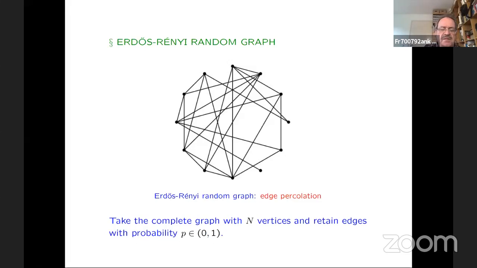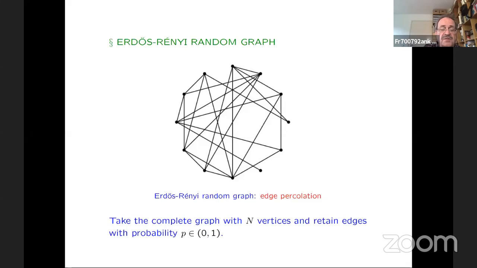You start with a complete graph, and for every edge you decide to keep it with probability p or to remove it with probability 1 minus p, where p is some fixed number between 0 and 1. So you're basically doing edge percolation on the complete graph, and now you have diluted your graph. What we're going to ask is, what happens if we do the exact same model on this graph?